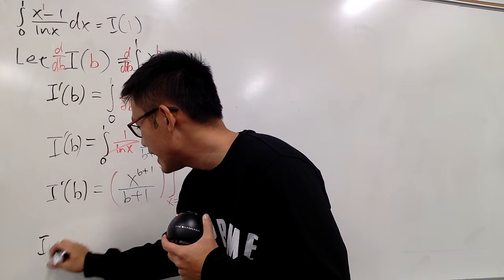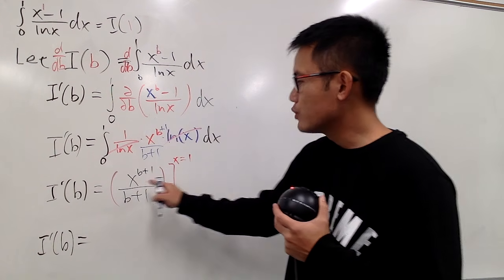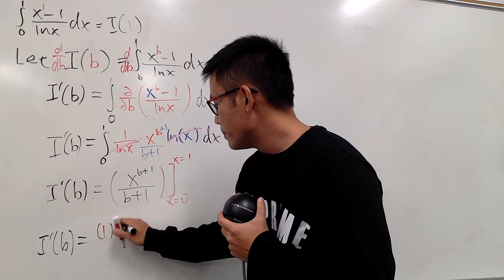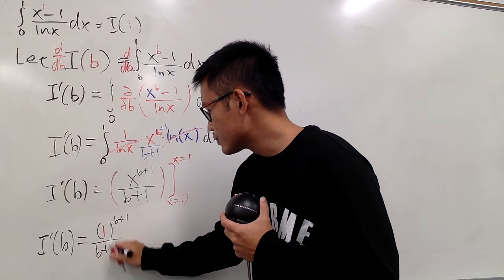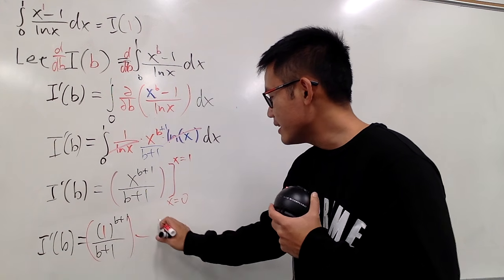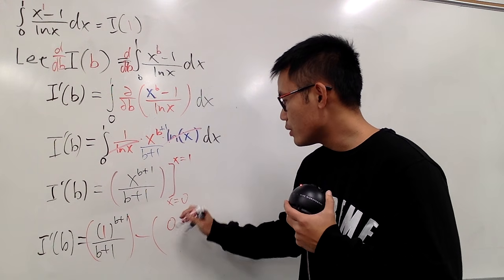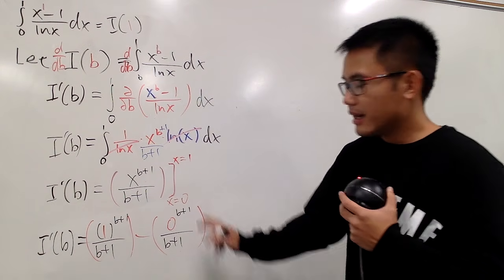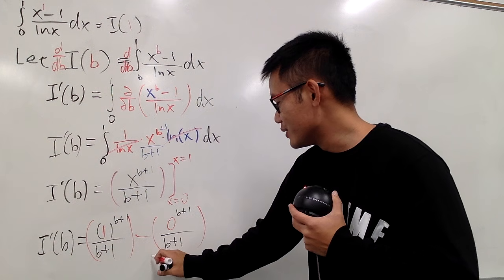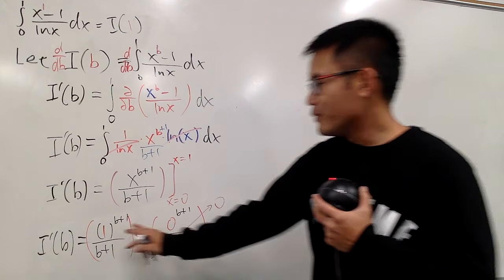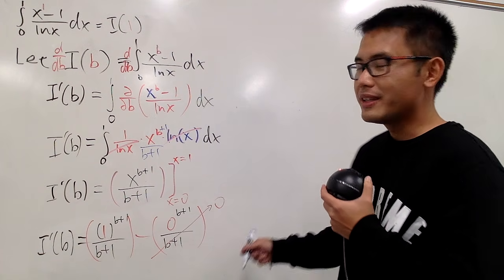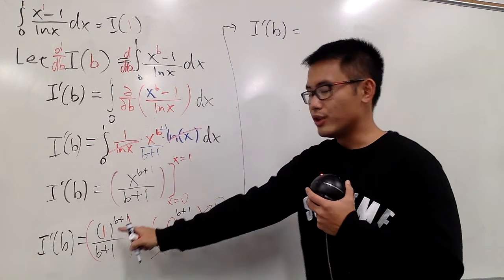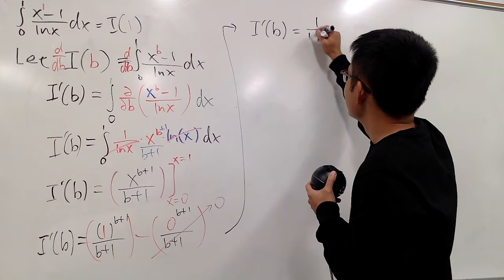So we see that I prime of b is equal to, once we are plugging 1 into x, and let me just show you guys all the work, 1 to the b plus 1 power over b plus 1, and then this is the first term, minus, plugging 0 into this x, so we have 0 to the b plus 1 power over b plus 1, like this, right? This is really nice, because this right here is just 0, right? So that's good. And 1 to the b plus 1 power, of course, that's just 1. So in other words, we will see that I prime of b is equal to just 1 over b plus 1, isn't it?